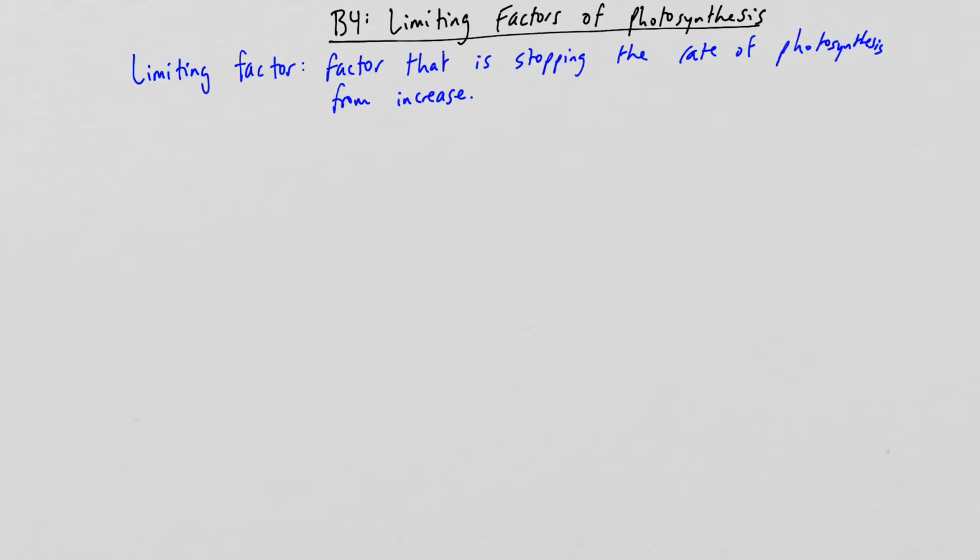The limiting factors for photosynthesis include light intensity. Don't say amount of light, don't just say light, it's the light intensity. Carbon dioxide concentration. Again, don't just say carbon dioxide, don't say amount of carbon dioxide, it's the carbon dioxide concentration.